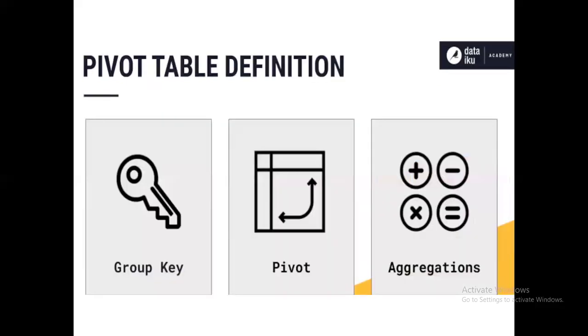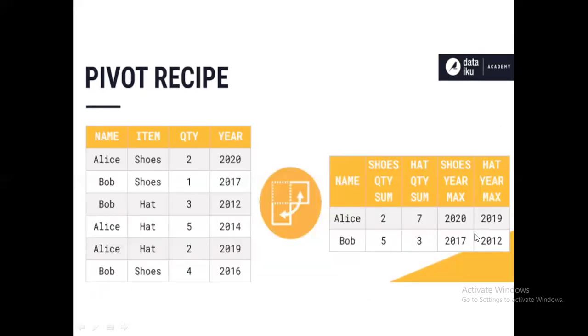If you look at the pivot table definition, it is group key, pivot, and aggregations. The pivot is applied by item. Pivot means the shoes and hat values move from columns to rows, so 2 rows will be split, shoes and hat.